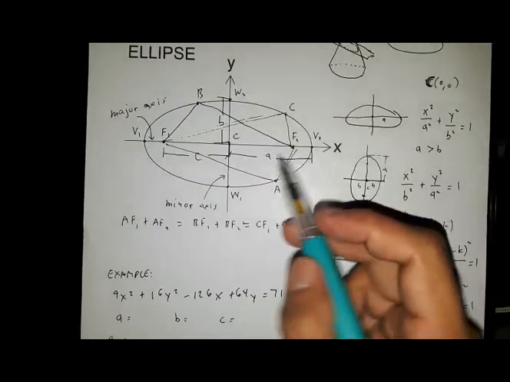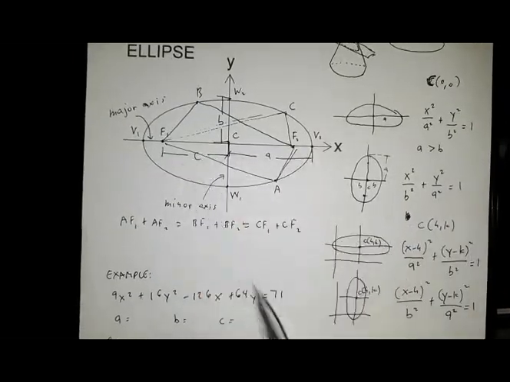And here notice that A is longer than B, so we have A squared equals B squared plus C squared. Now, your C squared equals A squared minus B squared equals 64 minus 36.